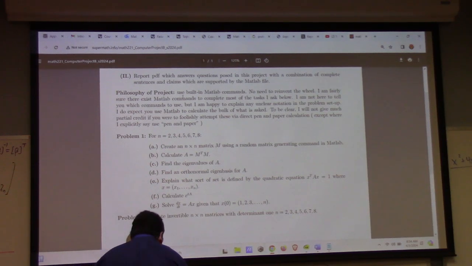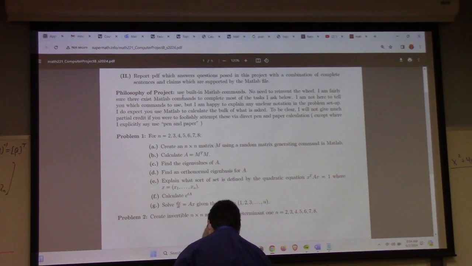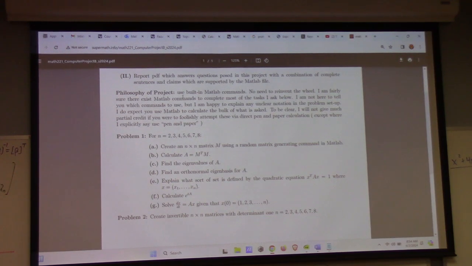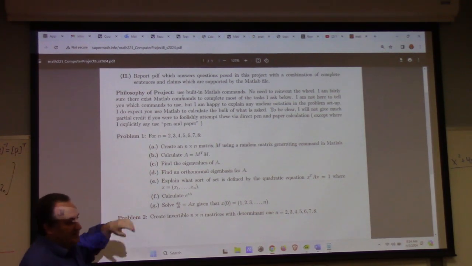You get M transpose transpose, also known as M transpose M, also known as A. That's nice, because that means the real spectral theorem applies to your problem, at least in as much as numerical instability doesn't make it not symmetric. Let's hope that doesn't come into play. Anyway, the point is that should be a symmetric matrix.